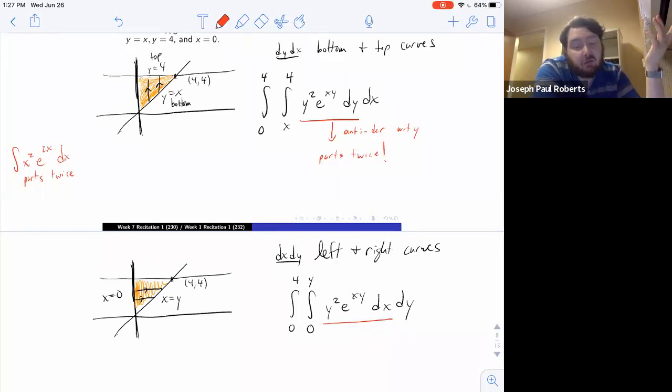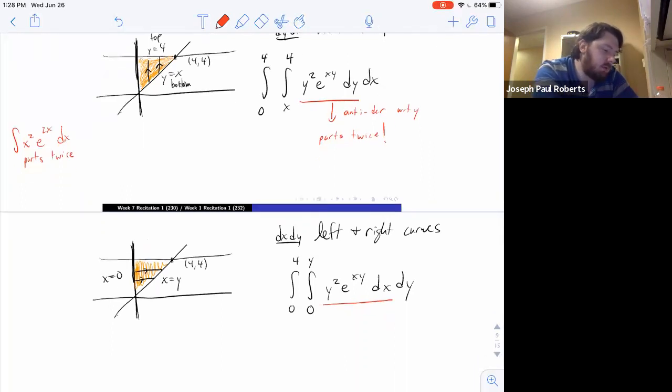As far as this course goes, 230, 232, we don't really like to force you to remember how to do integration by parts. So most of the questions we'll ask you to do on quizzes and exams, actually all of them, you'll be able to do without integration by parts somehow. But for this one, you could do it with parts twice if you do dy dx.